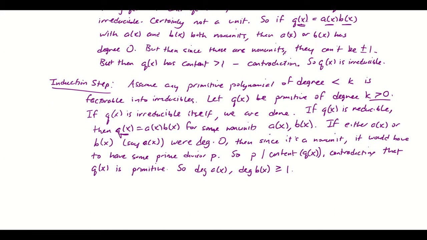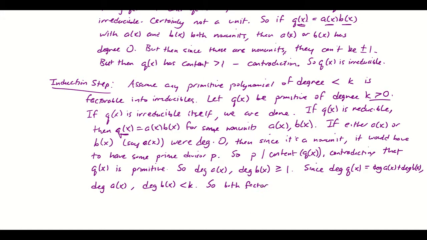And now, since the degree of q of x has to equal the sum of those degrees, degree of a of x plus the degree of b of x, that means that each of those degrees has to be less than the degree of q of x. So the degree of a of x and the degree of b of x both are less than k, which means they're subject to our induction hypothesis. So both factor into irreducibles.